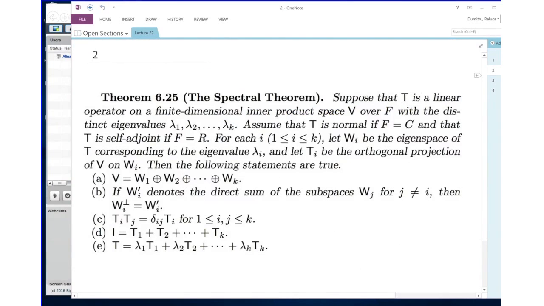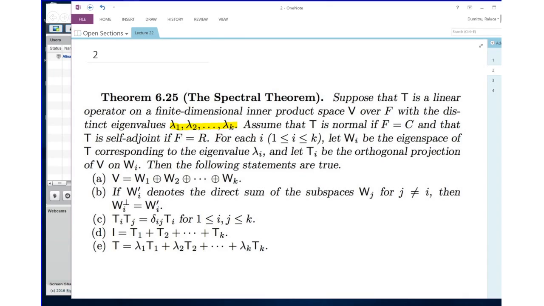All right, so the last idea in this section is the spectral decomposition theorem. It says the following. You have a linear operator T with eigenvalues, but you just pick one of each.